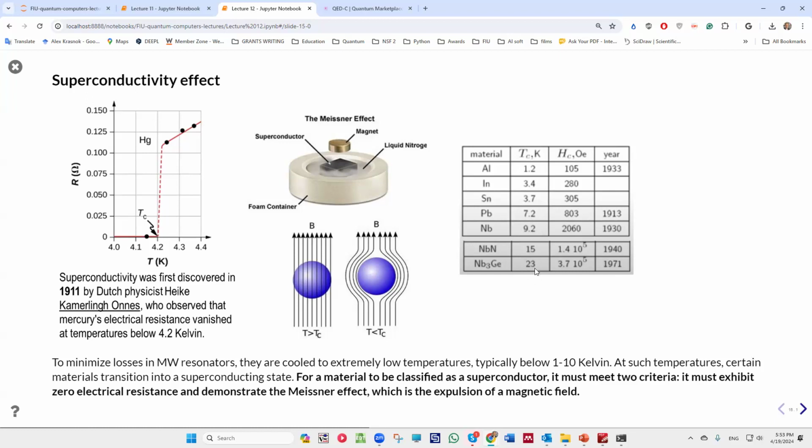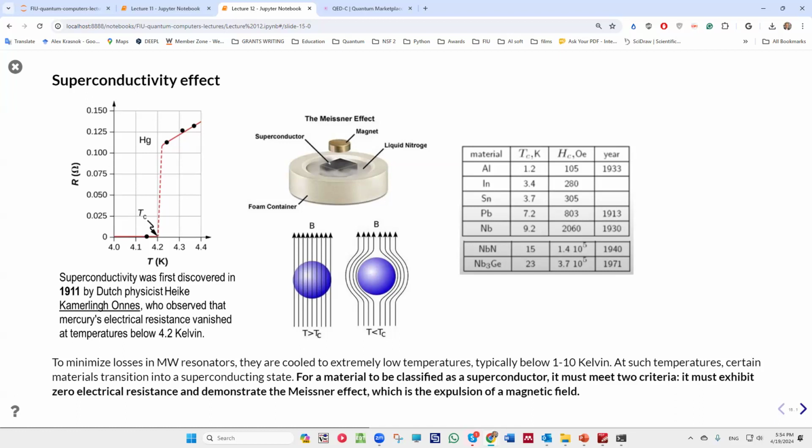Today we have materials with much higher critical temperature, and typically those materials are alloys of different metals and ceramics. If you ever saw, for example, MRI machines in medical clinics, right?